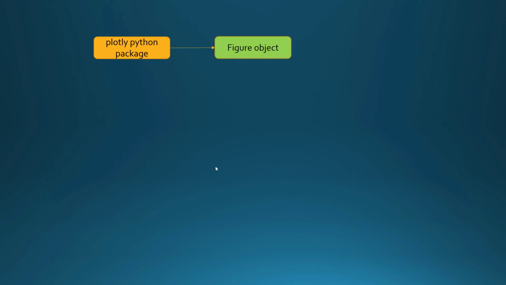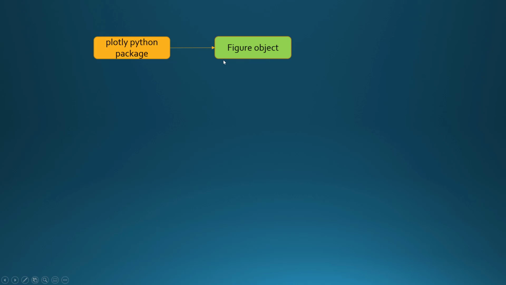The figure objects are basically the heart of the graph. Whenever you want to create any graph or plot in Plotly, like a bar chart or pie chart or some more advanced chart, you need to have a figure object which you define in your Python program, and that figure object will have all the necessary information to create and render a graph.